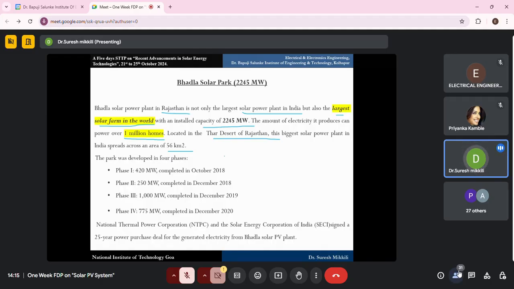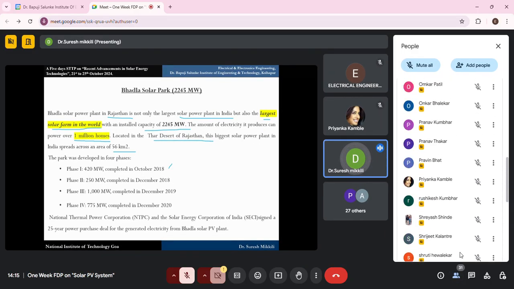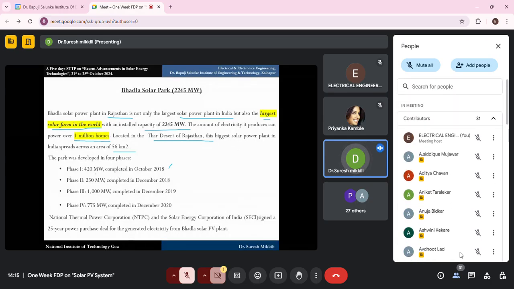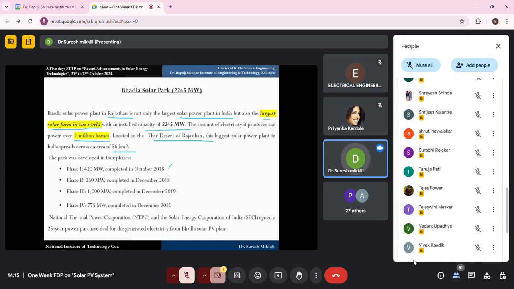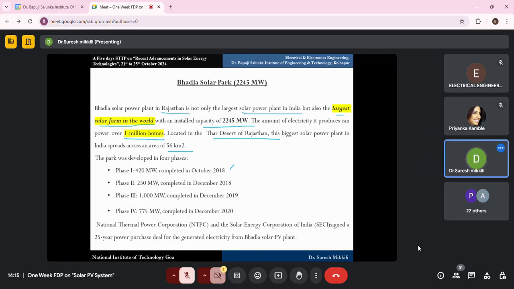The first phase was initiated in 2018 and the installation capacity was 420 megawatt. The second phase was completed by December and it is 250 megawatt, and then 1000 megawatt in the third phase within a year, that is December 2019. Next in 2020 they considered 775 megawatt.